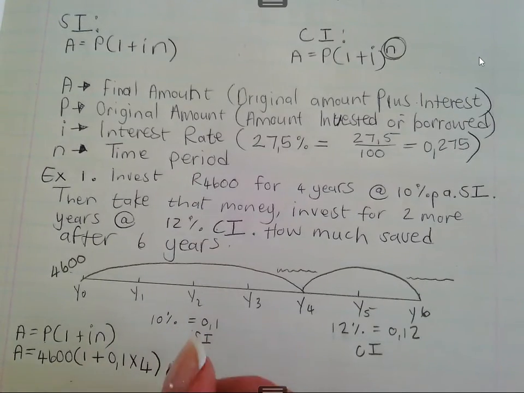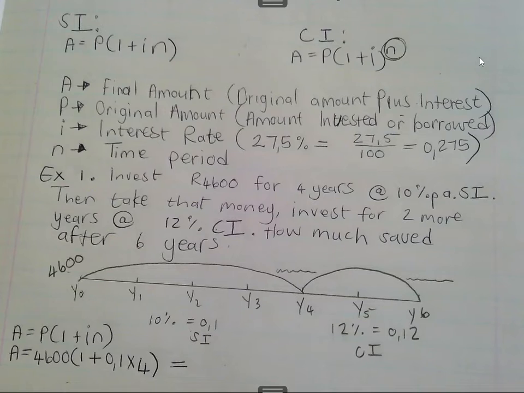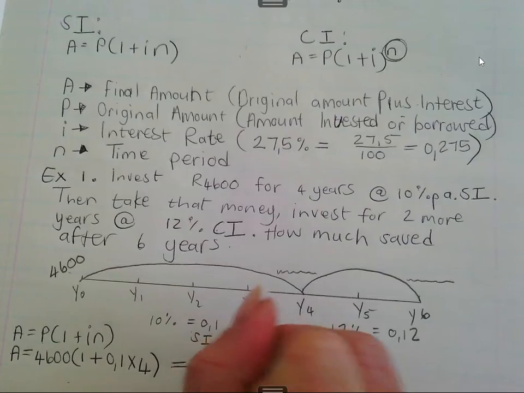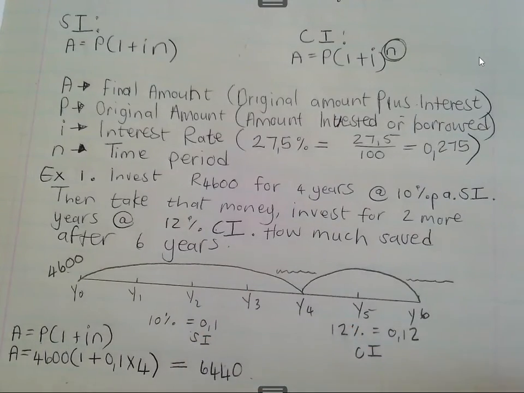And you just substitute that in your calculator and then you get an answer of 6,440 rand. Let me just check. You understand how I did that? It's not hard, no?